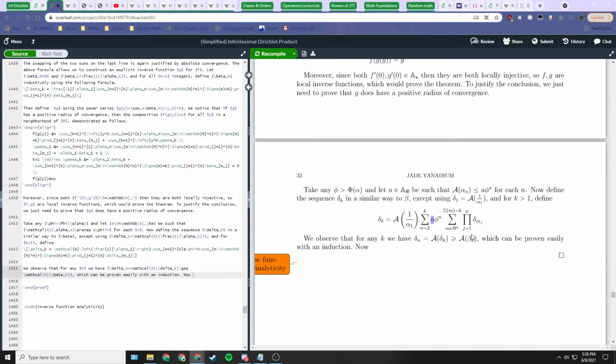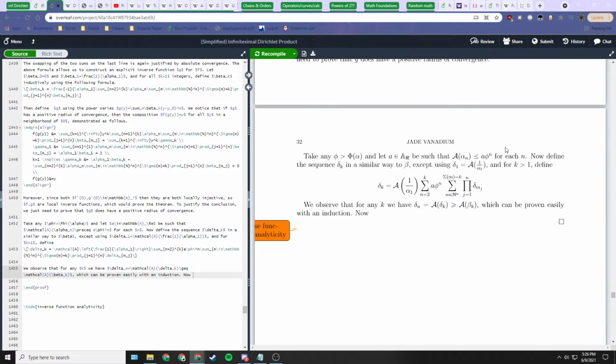We can bound this with some real number times A of alpha 1 times this A to the power of k, I think.